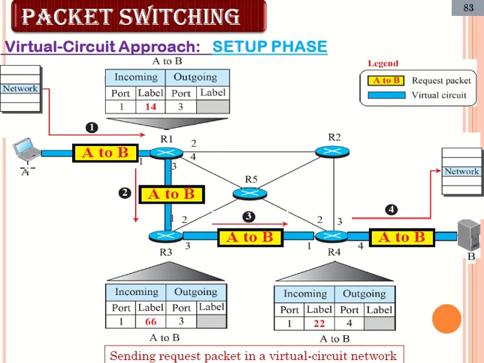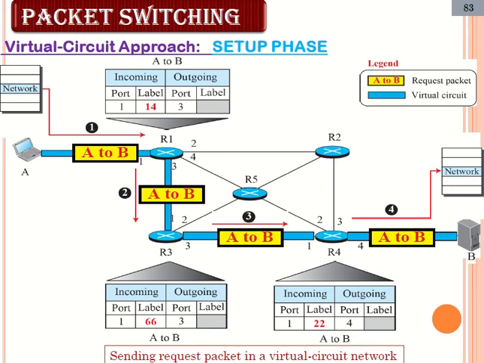This is the first step. So first step is to send the data packet from A to R1. So now router R1 receives this request packet. It knows that the packet goes from A to B, goes out through port 3. So this is the connection to go from A to B.